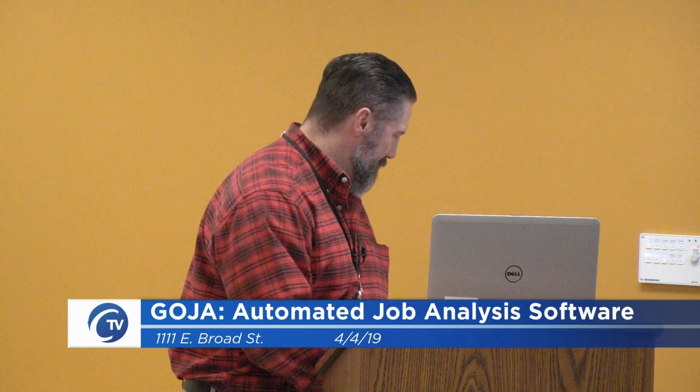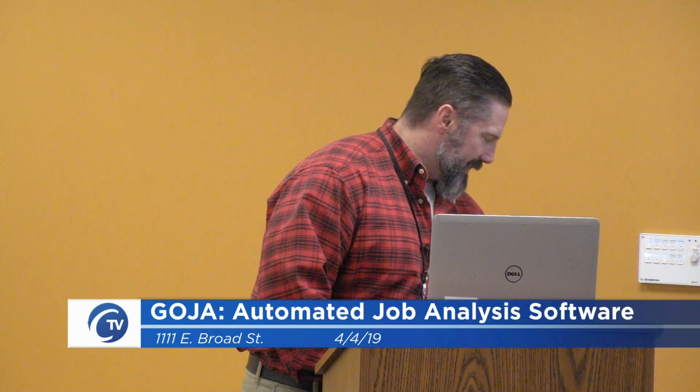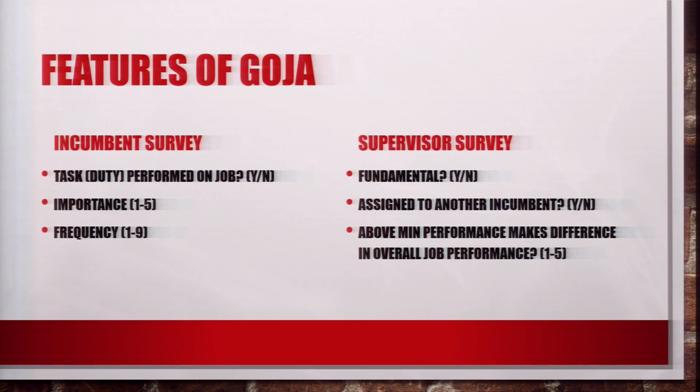The next page that says supervisor on it shows you what the supervisor sees when they go to fill out the job analysis. They all have the same questions, but they're asked a couple of additional things, such as, is this job duty fundamental to the job? Yes or no?